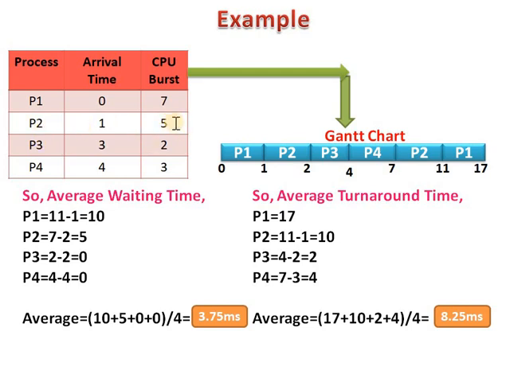Process P2's CPU burst means process P2 wants the shortest time to complete its execution as compared to P1, because the CPU burst time for process P1 is 7, and process P2 requires 5 milliseconds to complete its execution.